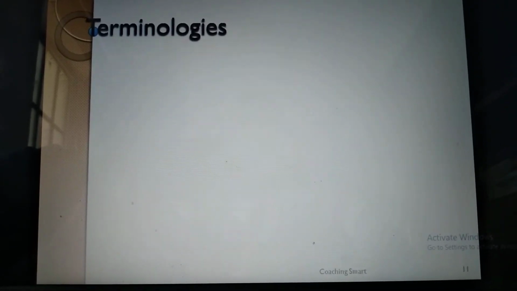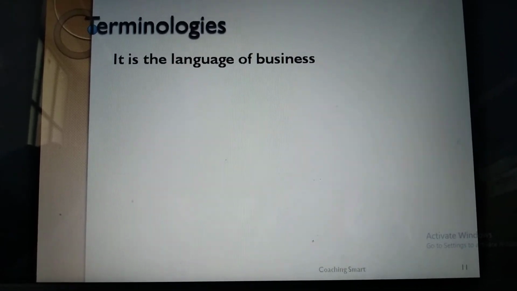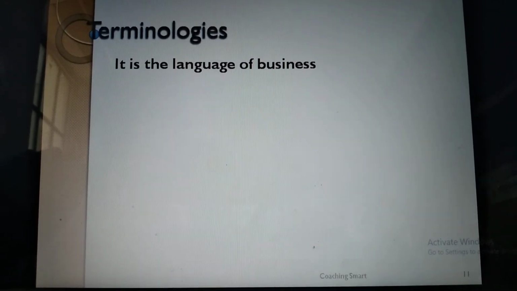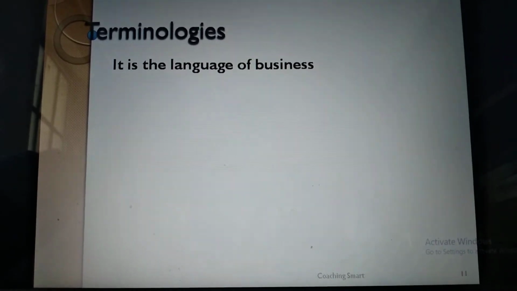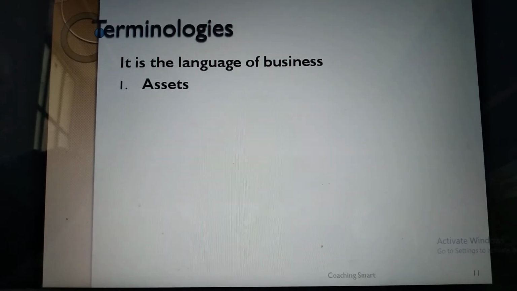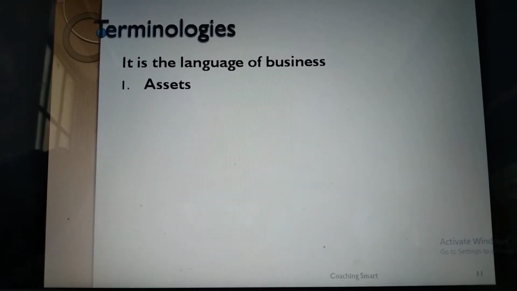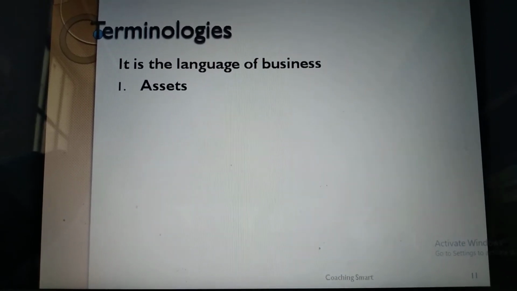Terminologies used in accounts. When you talk about terminologies, we are talking about the language of business, the language of accounts. Now, which are these languages? Number one language of account is asset. What do you mean by asset? Asset is an item which generates income for a longer period of time in a business.